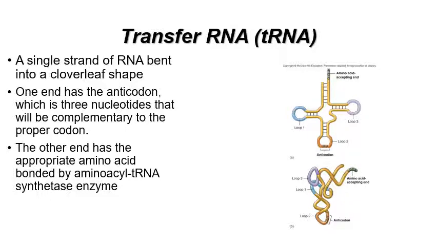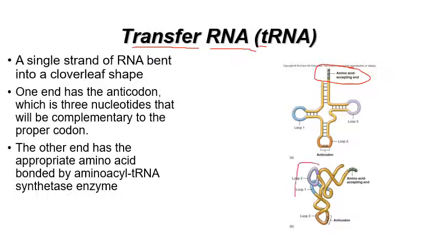So the messenger RNA contains the code. The RNA that actually brings the amino acids to the ribosome is transfer RNA, or you'll see it's small tRNA. Okay, these are RNA molecules. They have this hairpin shape.